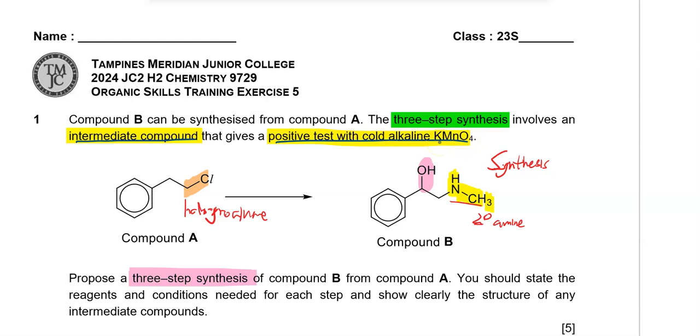This will indicate that this must be an alkene functional group. Okay, so only alkene will give a positive test with cold alkaline KMnO4. So you can almost imagine that A will have to undergo elimination.